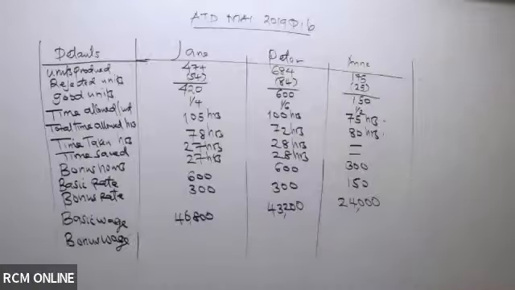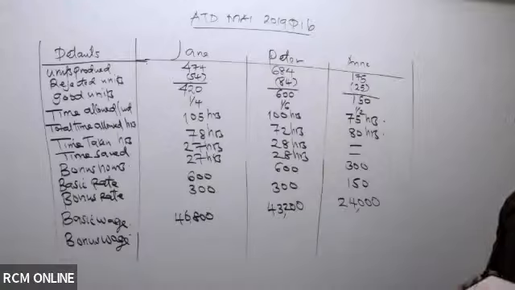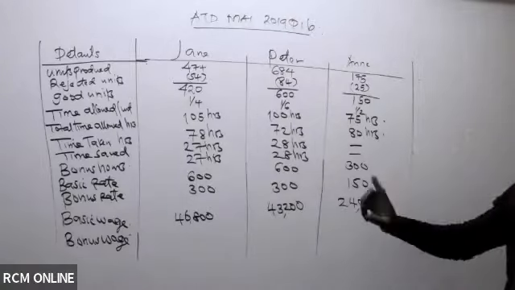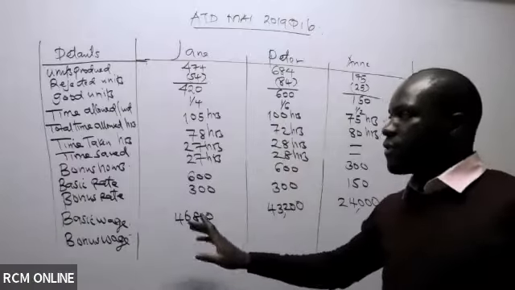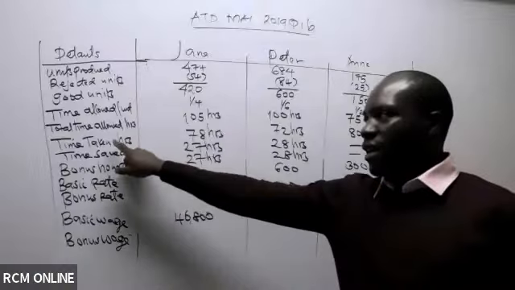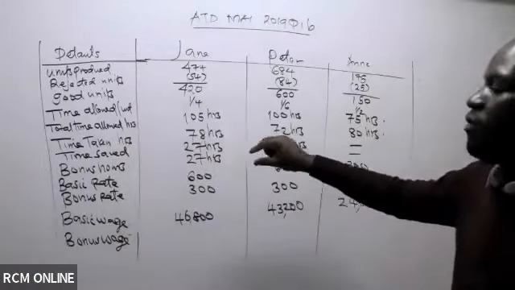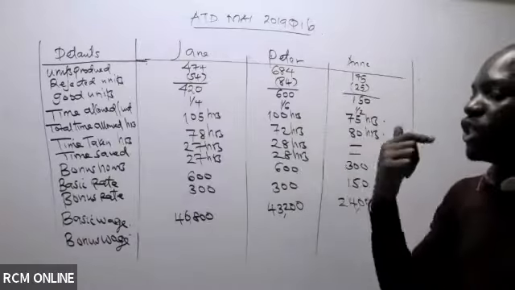Is that okay? Now, in some questions, this is what will be done to you. The examiner will tell you that the company will only pay for the actual time taken to a maximum of the allowed time. Anything above the allowed time will not be paid.